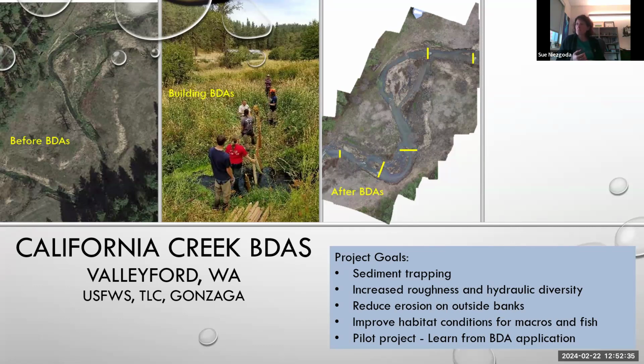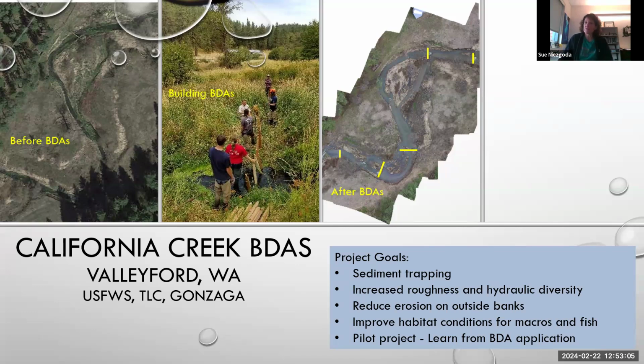In the end, this particular location wasn't very good for creating a true pond that would trap sediment. Also, the channel substrate material in California Creek here is basalt, big basalt rocks and the like, and it was actually really hard to get the posts pounded in such that they would be stable. So channel substrate material can be really important to BDA stability, making sure that those posts can stay in place, are in there pretty solid, and don't wiggle around and pop out.